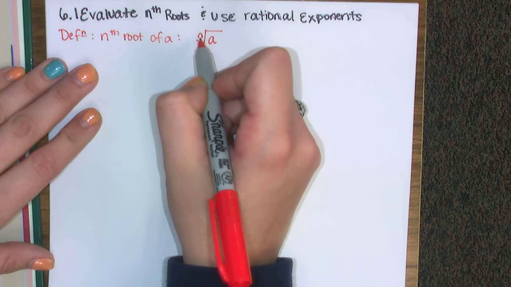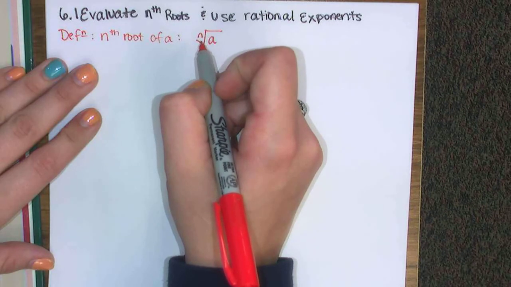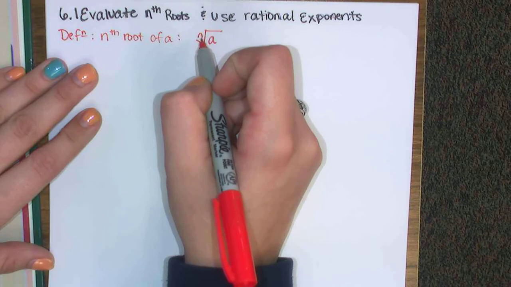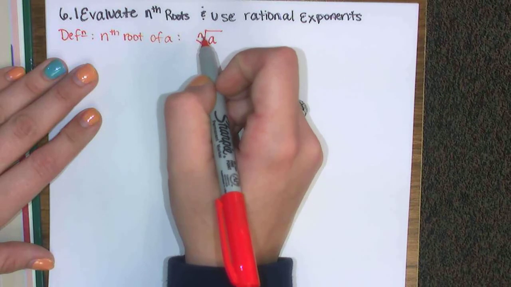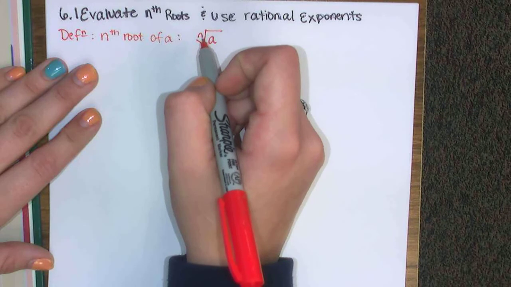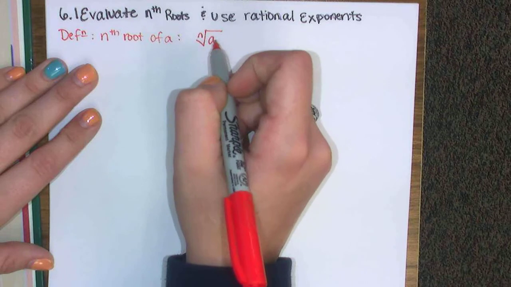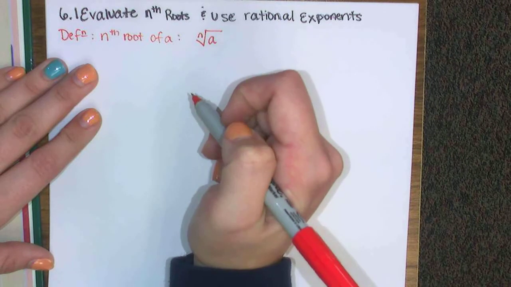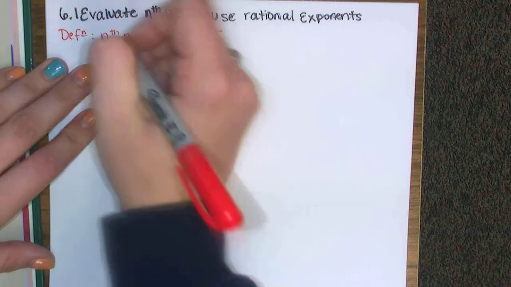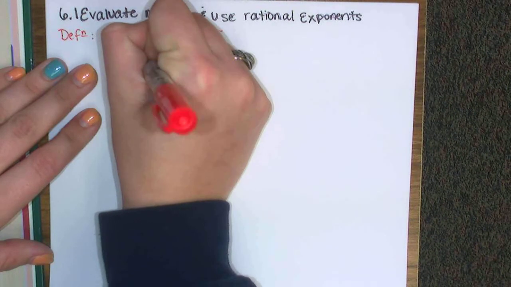If n is 2, we don't write it, which would just be our square root of A, which we're familiar with. But now we're able to make this any value. So we could have the cube root of something, the 4th root of something, the 5th root of something, etc. And it's of whatever that value A is there. Another name for that n, we say that n is the index of the radical.